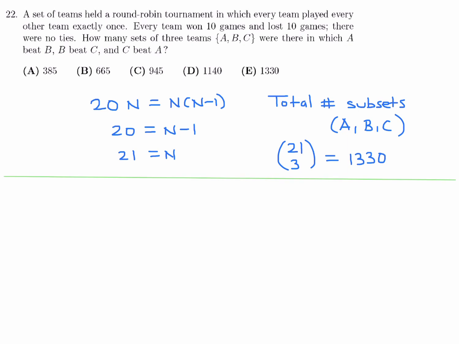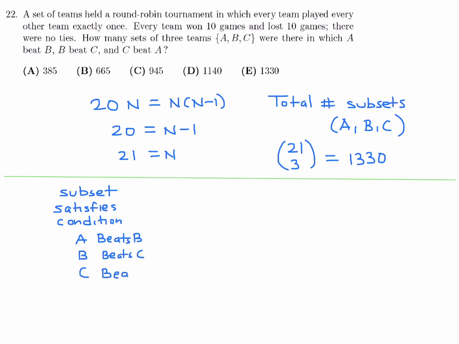The subsets that satisfy that condition are a scenario where A beats B, B beats C, and C beats A. Basically, it's like a circle. This is the subset we're interested in.